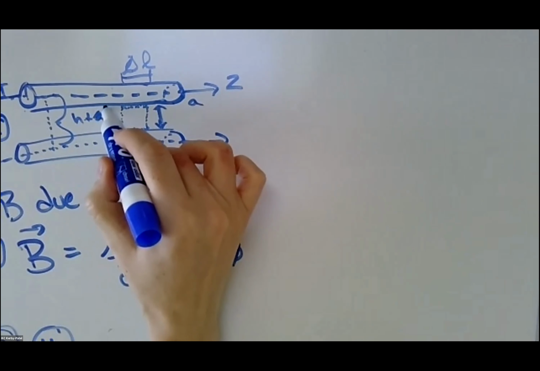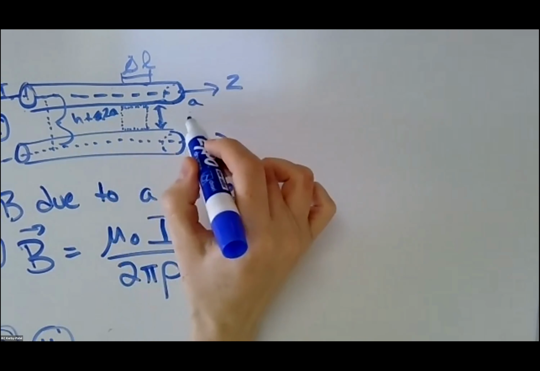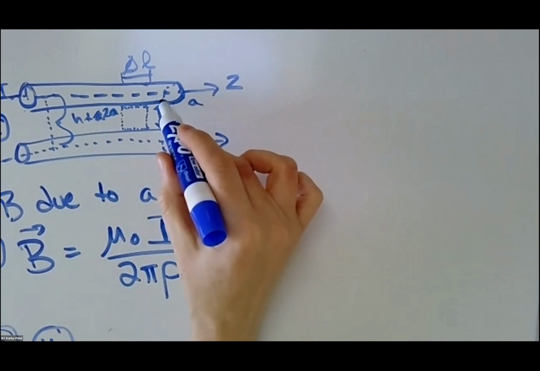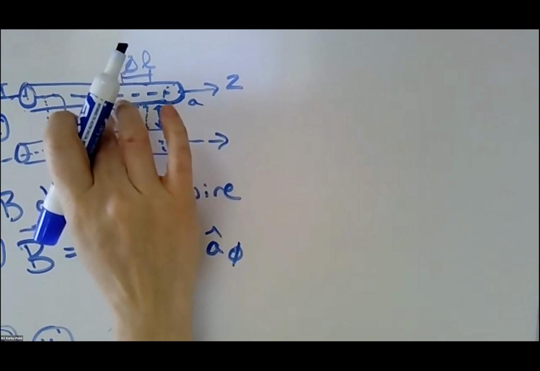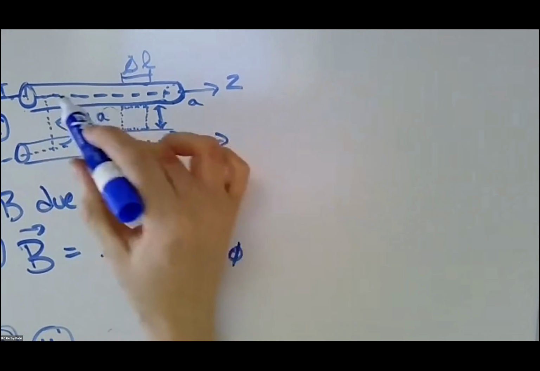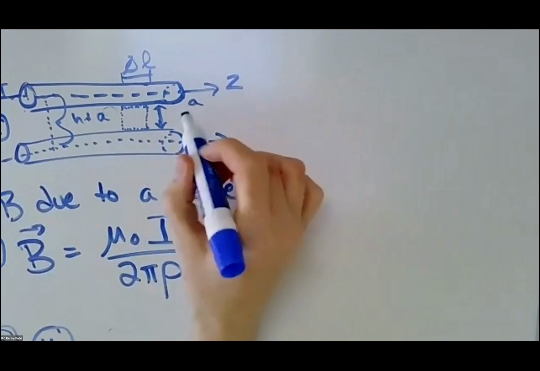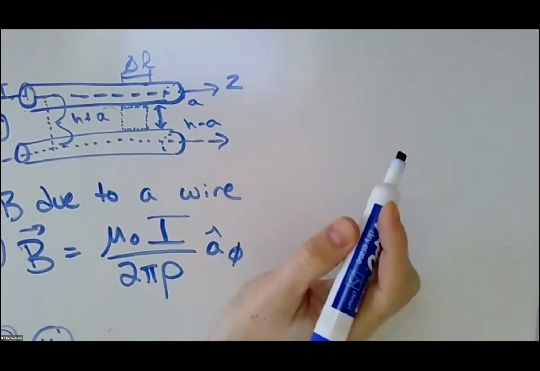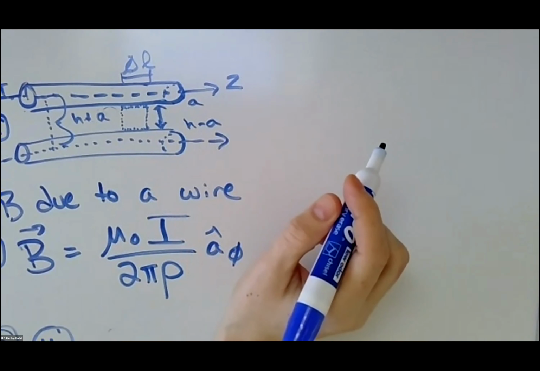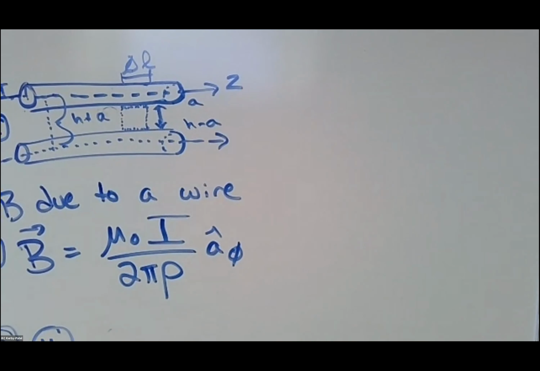I'm going to make it H plus 2A center to center distance. So it's going to go from A to, no, that would just make it A plus H. Oh, well, whatever. I guess it's going to go from A to H minus A. So that's only slightly annoying. Anyway, okay.